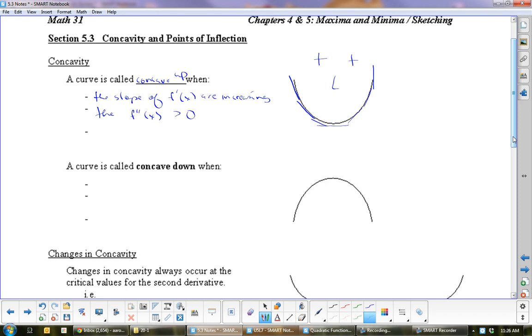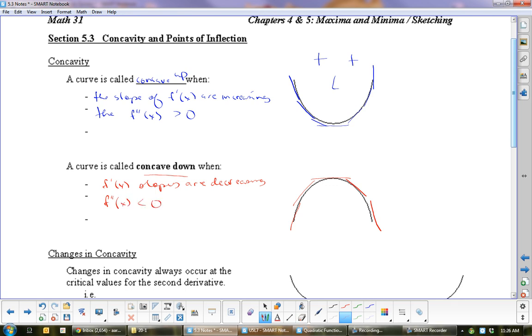Now, when a curve is concave down, okay, so that's f prime x, the slopes are decreasing. Okay, so we're positive, a little less positive, 0, negative, and then more negative. That's when f double prime x is less than 0.